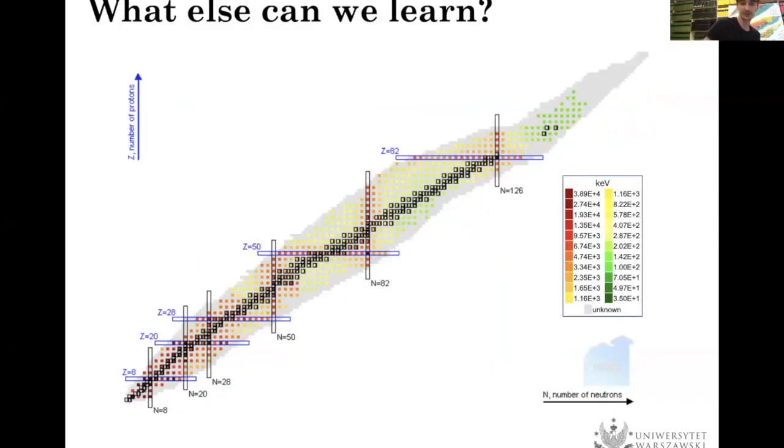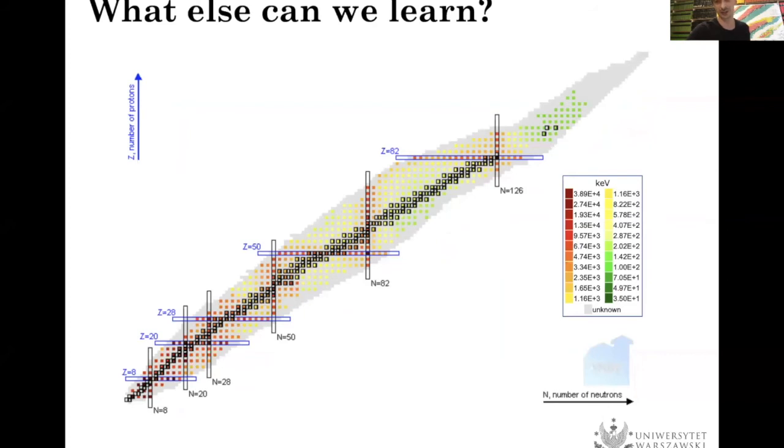For example, if we look not at the way they are decaying, but at the energy of the first excited states in nuclei having an even number of protons and an even number of neutrons, you see those lines appearing directly. They correspond to nuclei for which this first excited state has a higher energy than the nuclei in the vicinity.